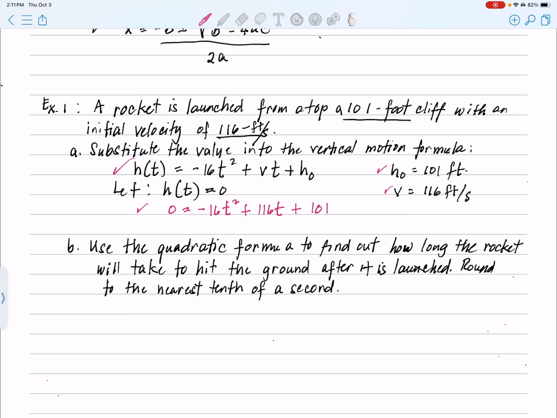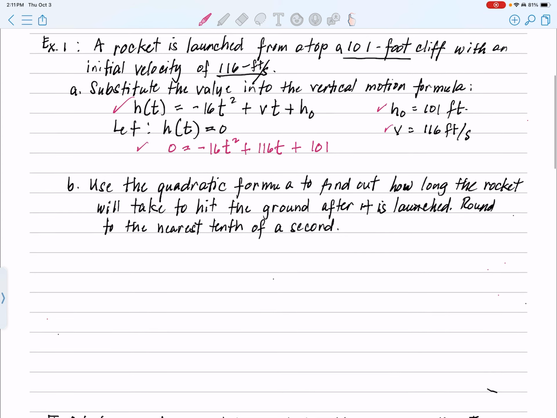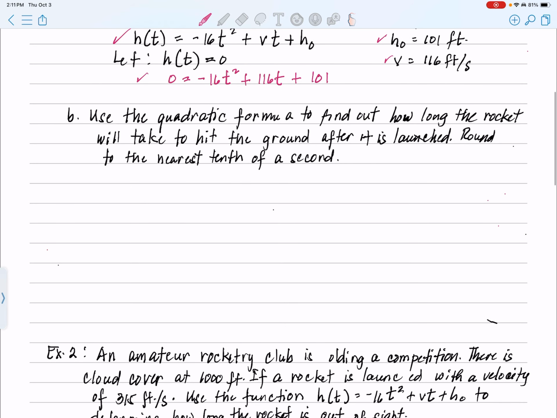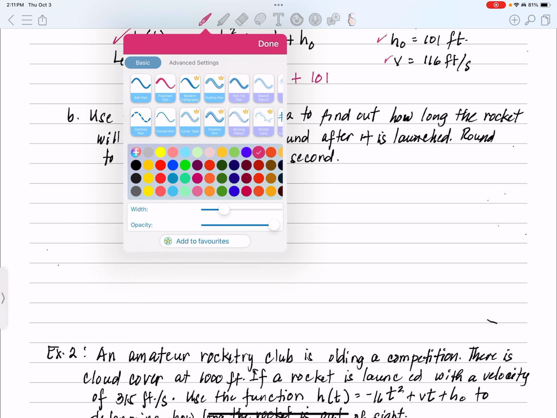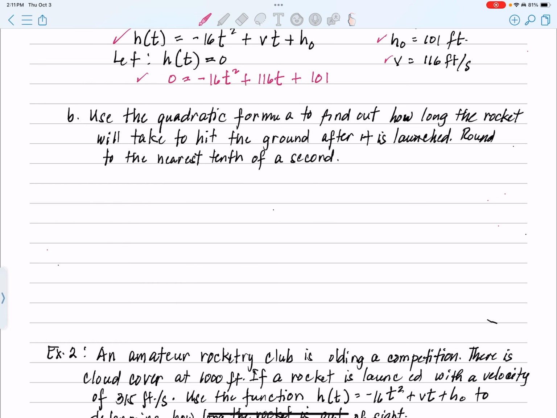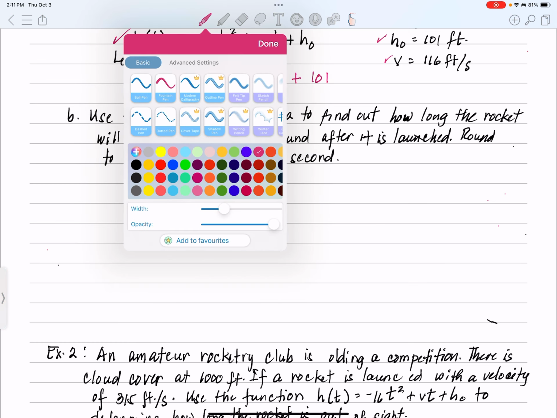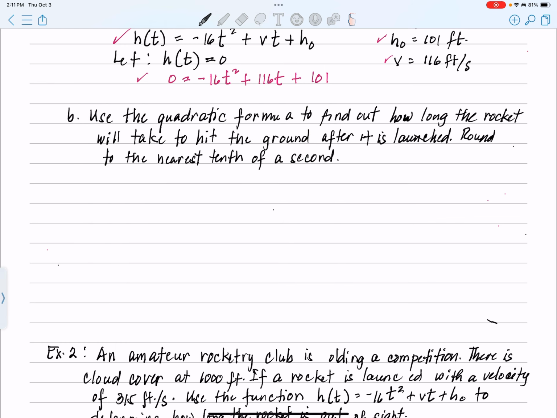Letter B. Use the quadratic formula to find out how long the rocket will take to hit the ground after it is launched. Round to the nearest tenth of a second.